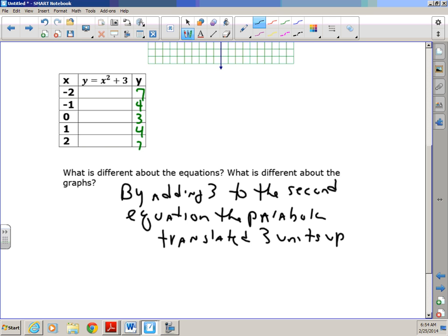Okay? So all that did was translate the parabola like we've seen before. What would happen if you subtracted 3? Well, then you would translate the parabola by moving it down 3 units. Right?